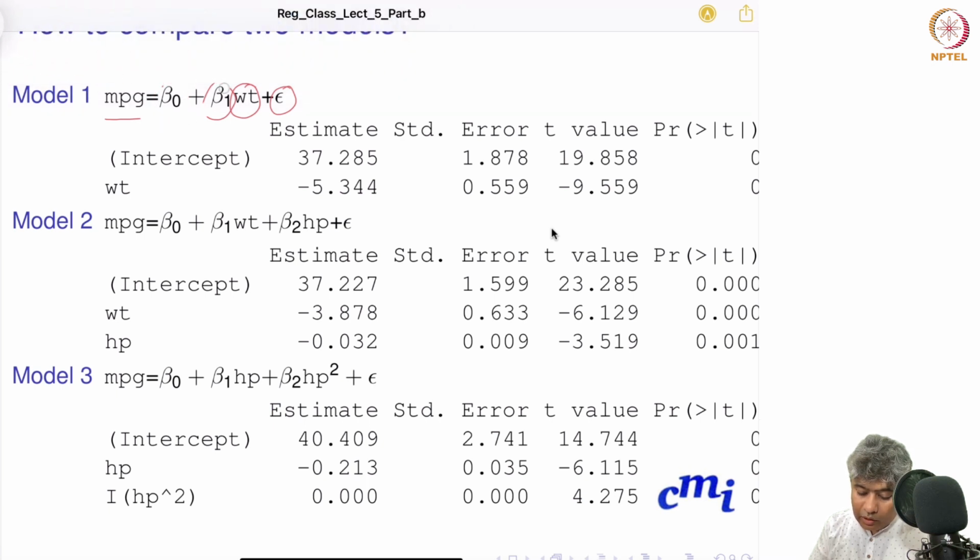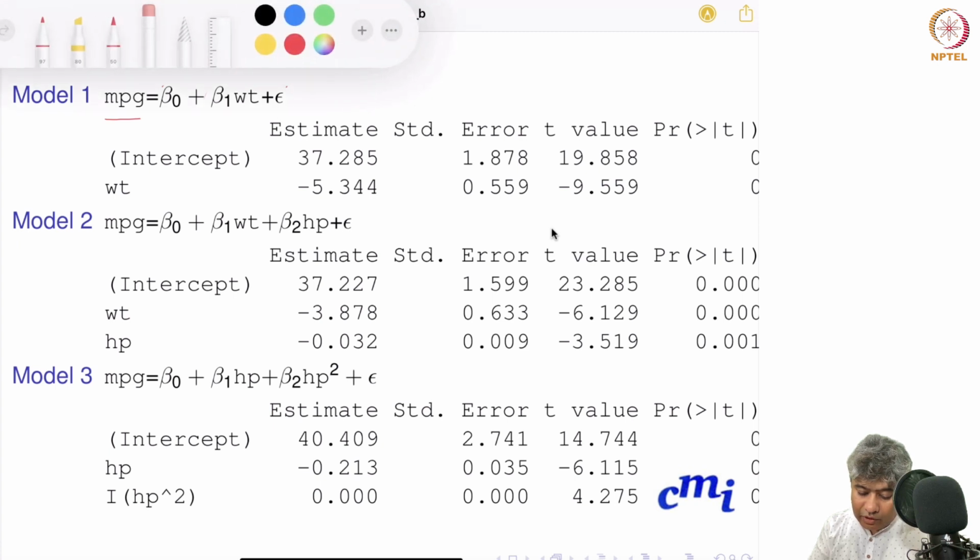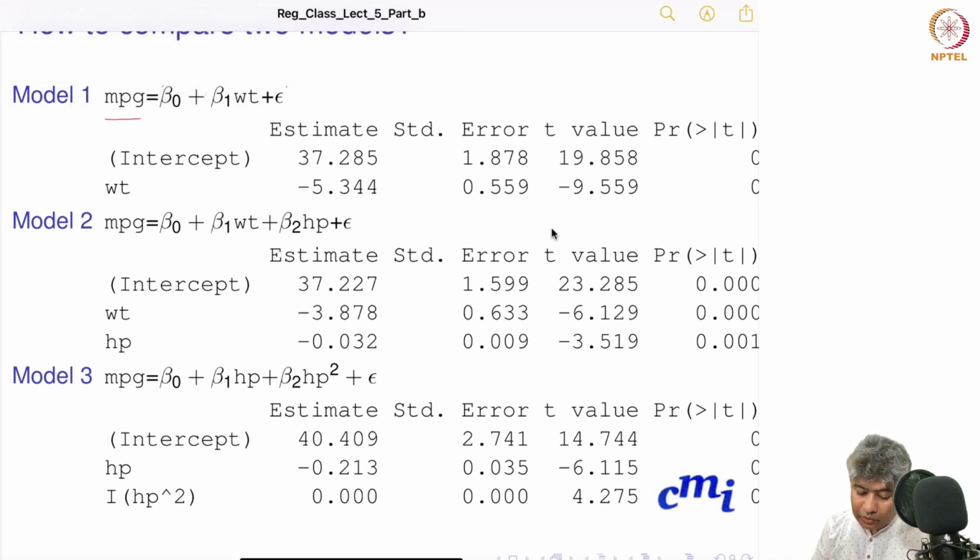So basically, you are modeling miles per gallon as a function of weight. You have weight on one axis and miles per gallon on the other axis, and that is what you are going to test.